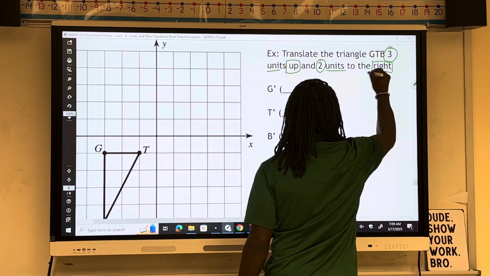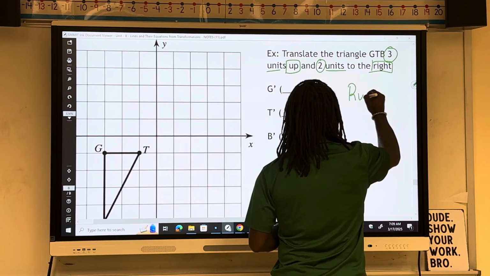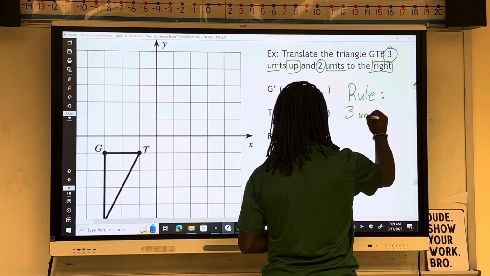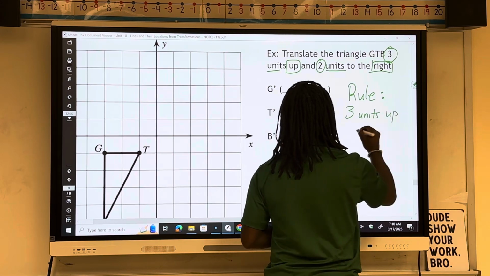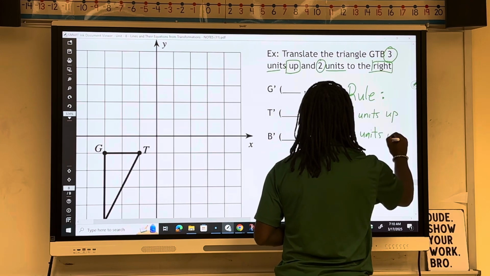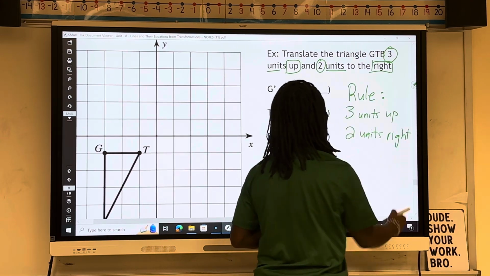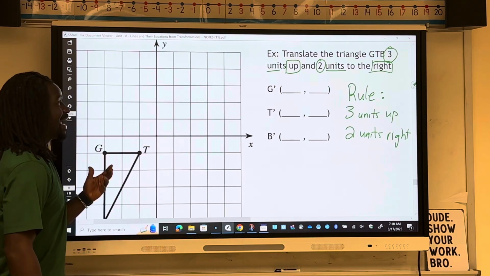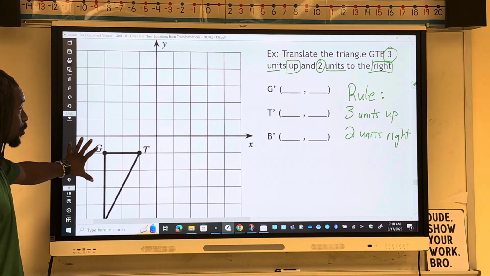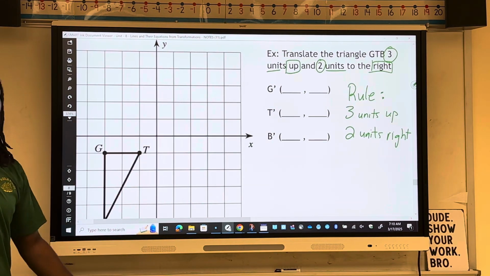My rule is that I am going to be translating this figure 3 units up and 2 units to the right. It is important that I note that.